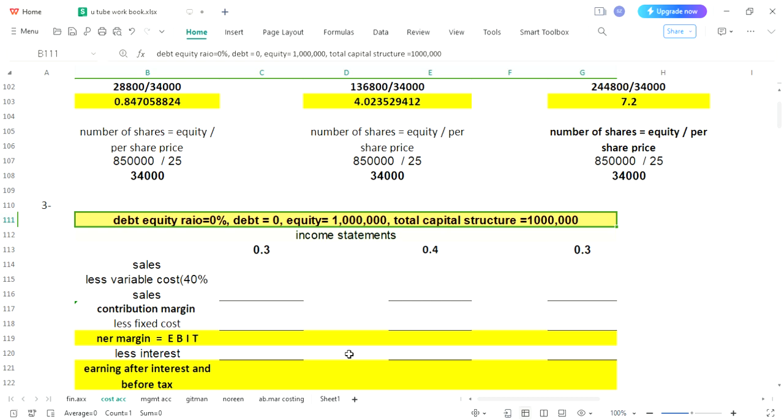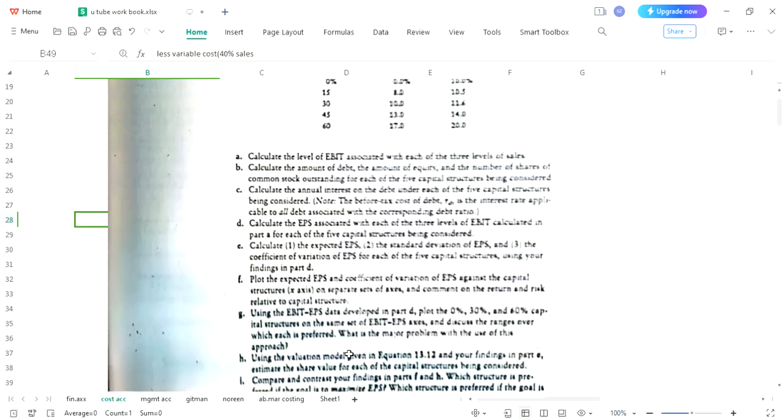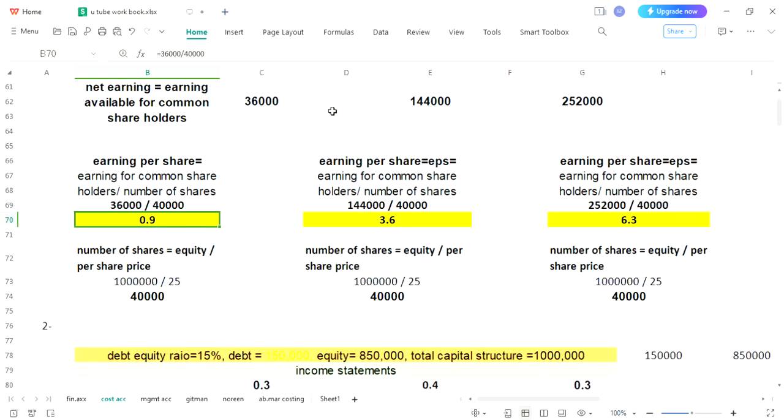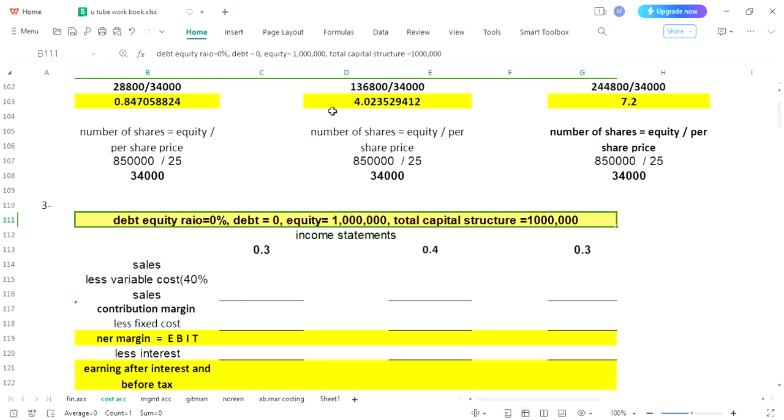Let's read the third option, where you have to create a 30% debt equity ratio. So our ratio would be altered, debt equity will be 30%.